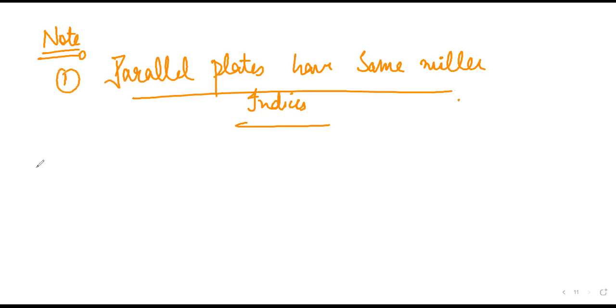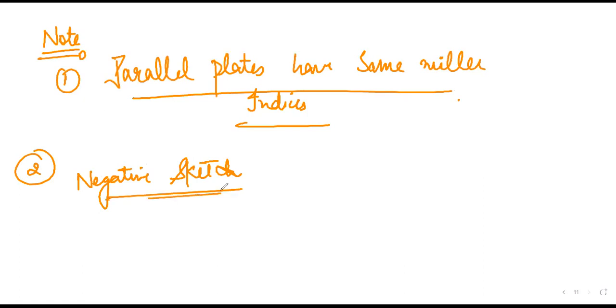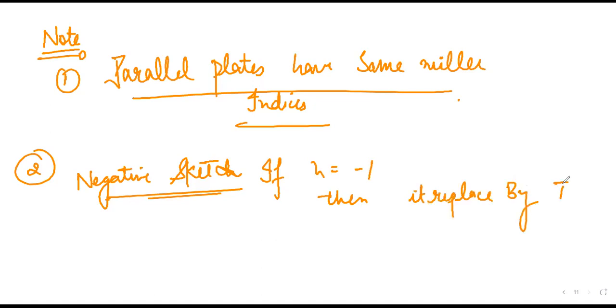Now, the first note is done, and the second note is about negative signs. Negative sign means if h is equal to -1, then it is replaced by 1 bar. So, for example, 1 bar here means h is -1.